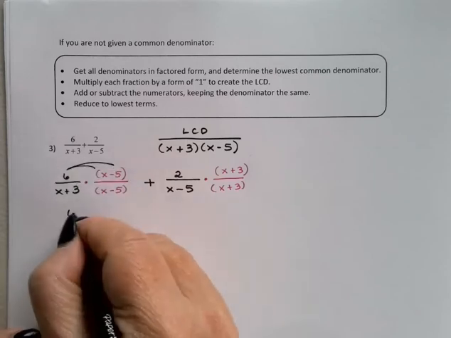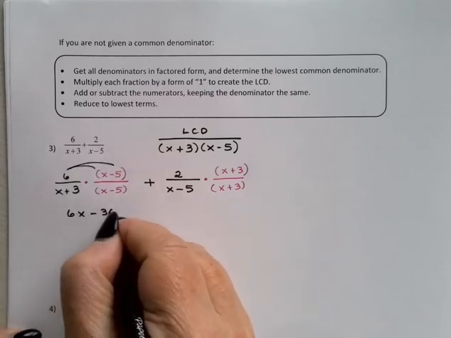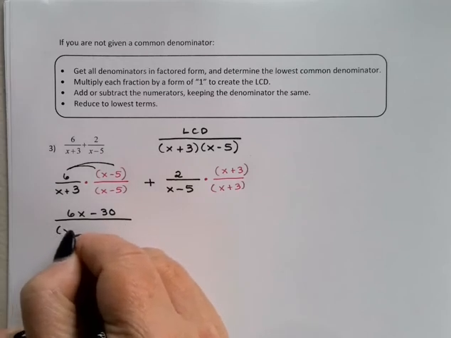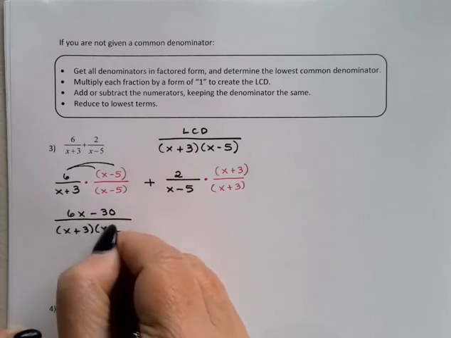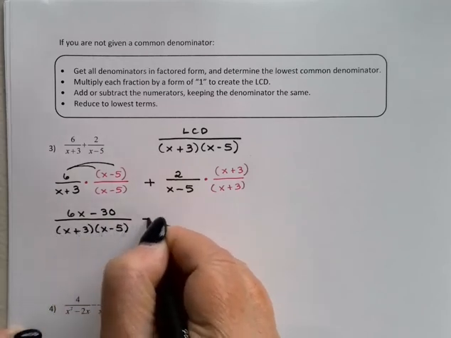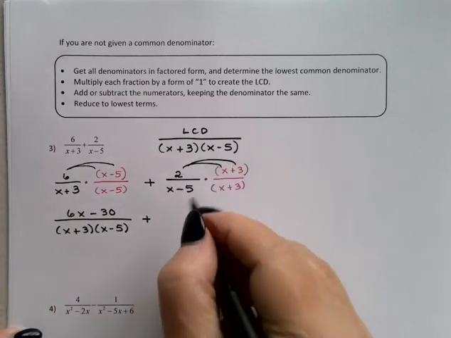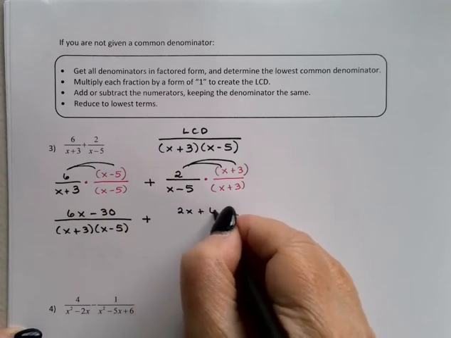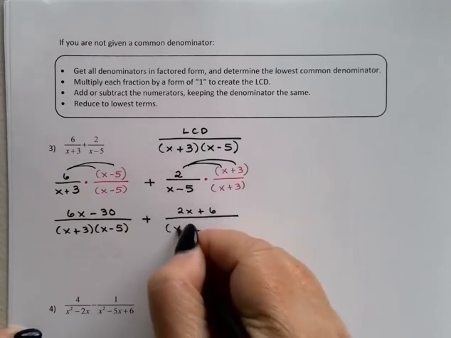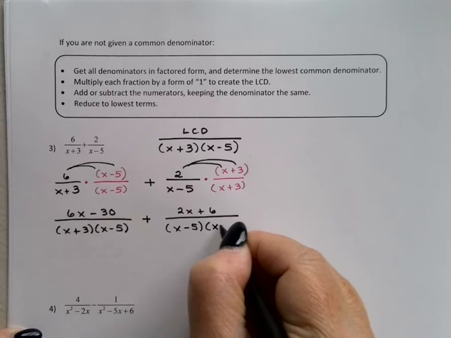All right, the first fraction is 6x minus 30, and I'm just going to leave the denominator in factored form. And over here, my numerator becomes 2x plus 6. Again, I'll leave my denominator in its factored form.